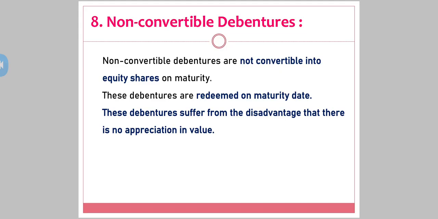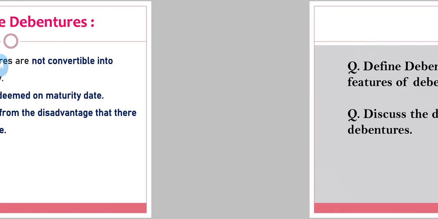These debentures suffer from the disadvantage that there is no appreciation in value. As we have seen, when it's converted into an equity share, one debenture was costing 100 and that equity share was 150. So yes, there was an appreciation of rupees 50. But a non-convertible debenture is disadvantageous as it's not getting any appreciation in the market.